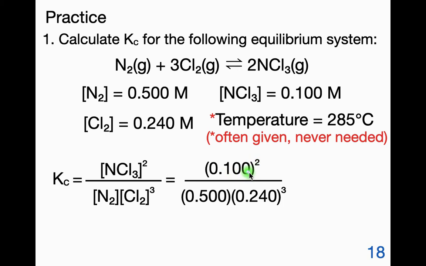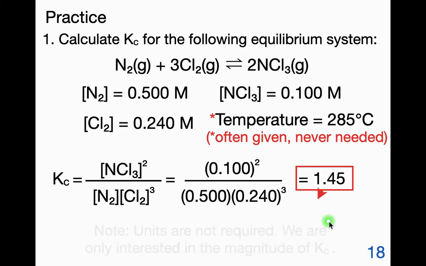It's good form to use parentheses when you're raising something to a certain power. But anyway, this is the concentrations raised to the correct powers. So plug that in, and you should be getting 1.45. Now, if you're not getting that number, practice it a little bit. So again, it would be 0.1 raised to the second power divided by 0.5 divided by 0.240 to the third power equals.